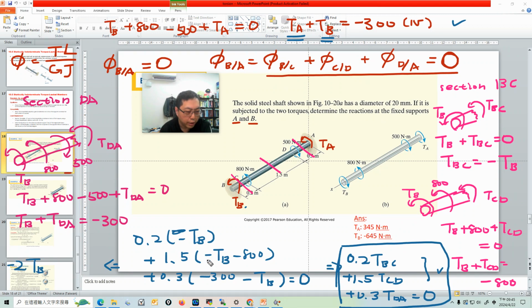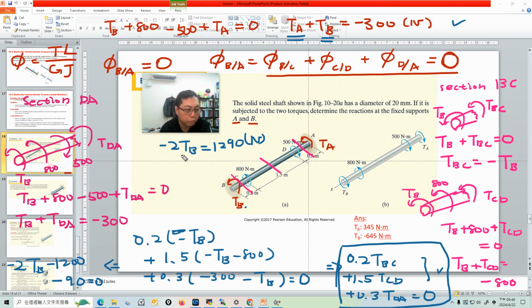Minus 2 TB, minus this is 1200, and this is minus 90, and equal to 0. So minus 2 TB is equal to 1290.